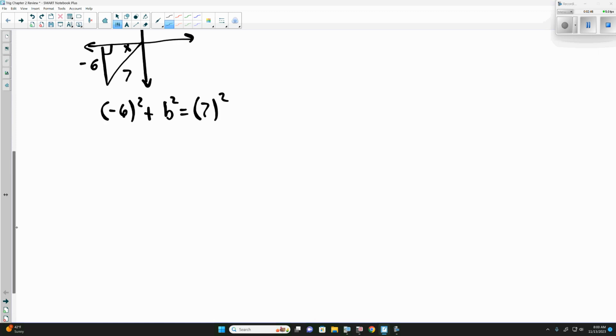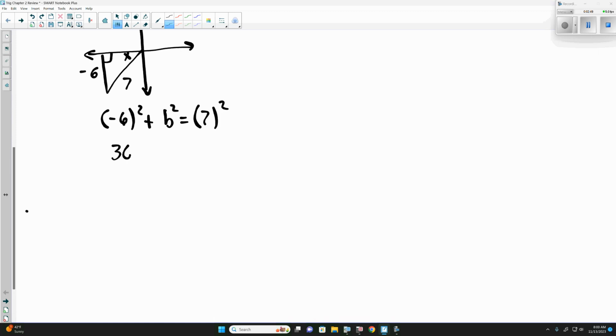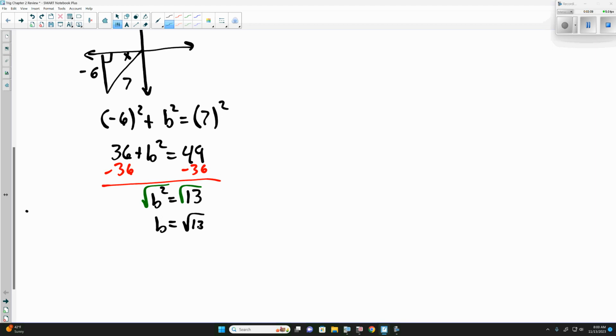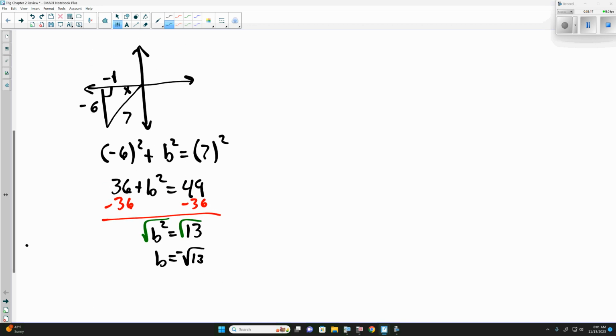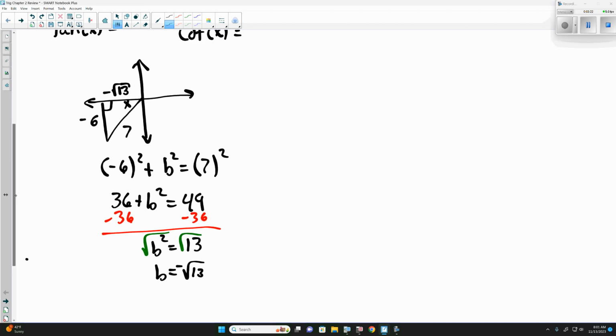In all likelihood, this is going to give us a number that will not reduce, so we're going to end up with a square root, because b squared is equal to 13, square root both sides, telling us b is plus or minus the square root of 13. And because we're on the negative x-axis, this would be negative. Questions on this so far?